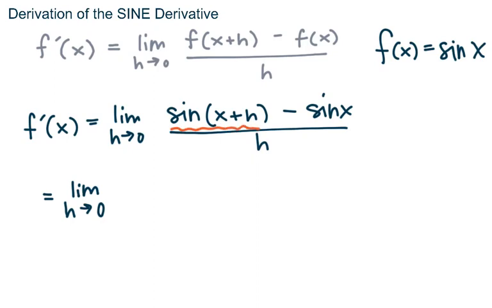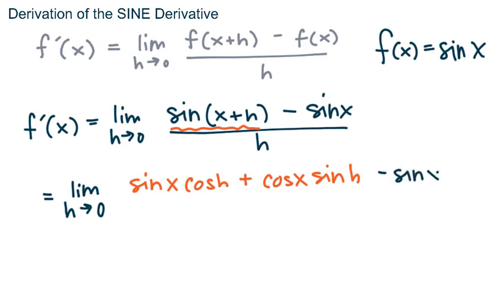That would be sine of x cosine h plus cosine x sine h. And that would still be minus sine of x, all of which is divided by h. So I used my sum and difference identity for the sine function there, the sine sum identity.